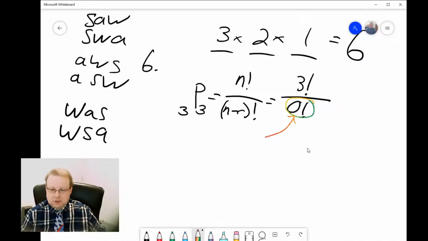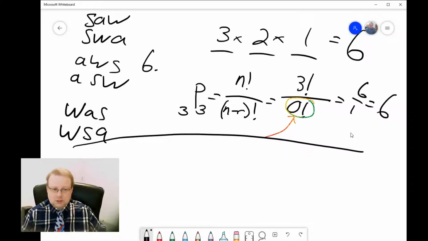This is why we introduced 0 factorial, to show that it equals 1. Because it does turn up when you're doing permutations of objects and use every object in the set. But this is 6 over 1, or 6. So it's not too hard to do that when we've just got these 3 letters.